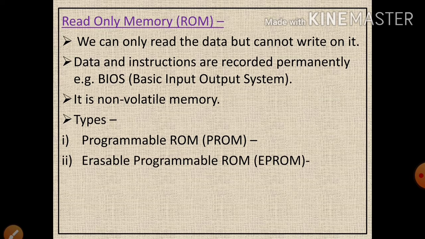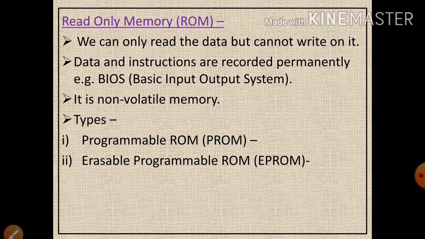The second type of ROM is erasable programmable ROM, that is EPROM. This is the ROM chip on which contents can be erased with the help of ultraviolet light, and we can add content to it again.